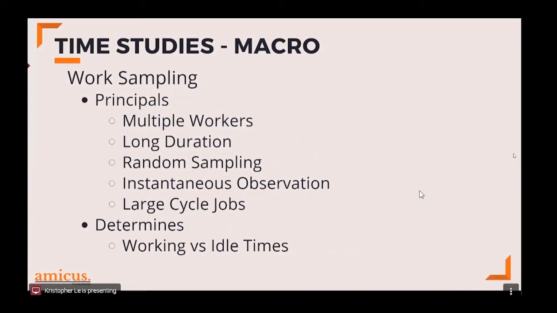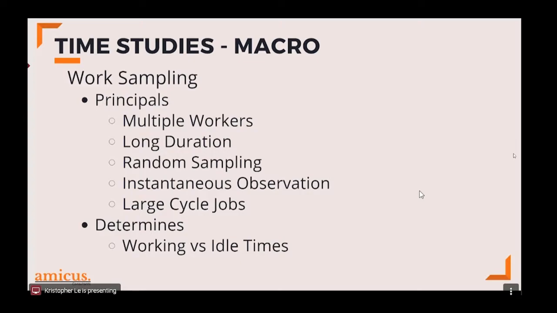And then looking at the macro level, there's a technique called work sampling, which gives you an idea of what your production system looks like in terms of idle time. The principle of a work sampling study is that it needs to be very representative, not unlike a clinical trial where the larger the population size you have, the better and the more representative it is.